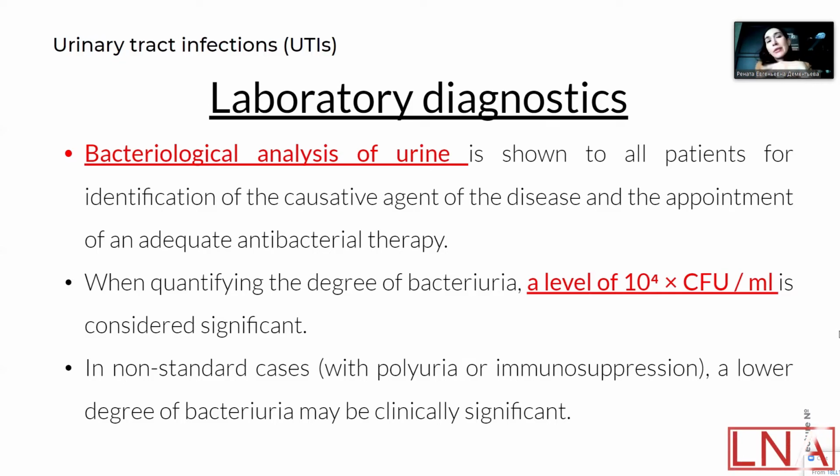Excluded are two categories: pregnant women and women who will undergo implants or surgical intervention in the pelvis or urogenital tract. In non-standard cases with polyuria or immunosuppression, a low degree of bacteriuria may be clinically significant.